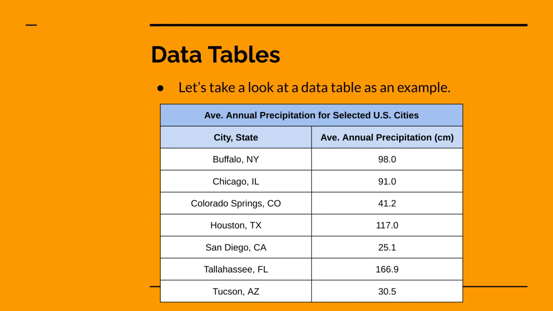But specifically, I will choose a darker blue for my title, and then for the headers right here, so city, state, and average annual precipitation, I'll go to the same color on the menu, but then go one color up, a lighter shade.